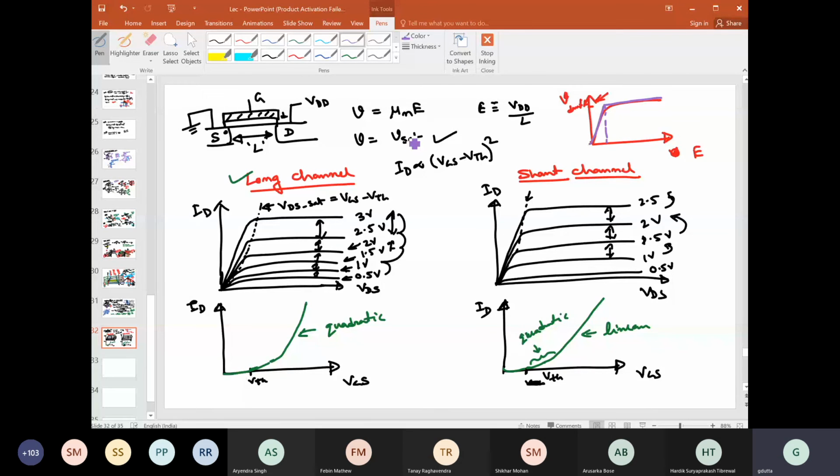I'm not saying impossible, but it would be a bit more tricky, and getting the physical intuition out of it would also be difficult. But you understand that in this region, no issue, we are getting linear as expected. In this region, there will be no current, fine. And the little bit of quadratic region in this region is because our approximation is not good enough to get the actual shape of drift velocity versus electric field.